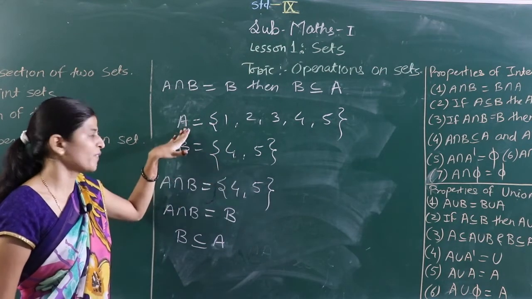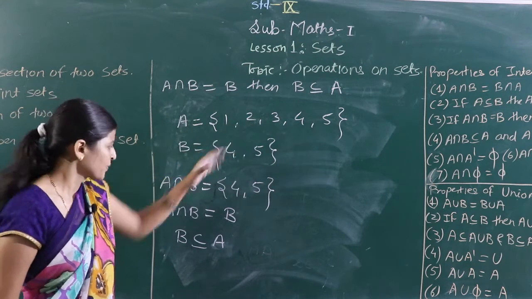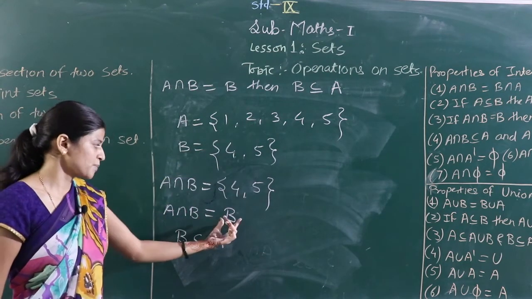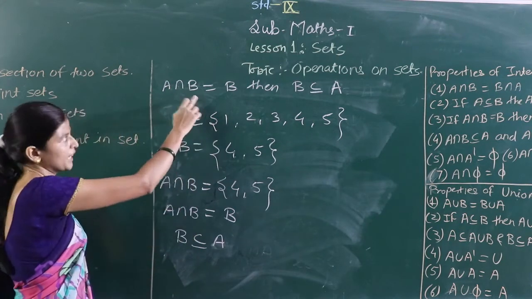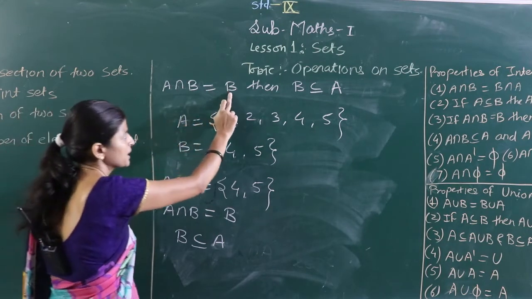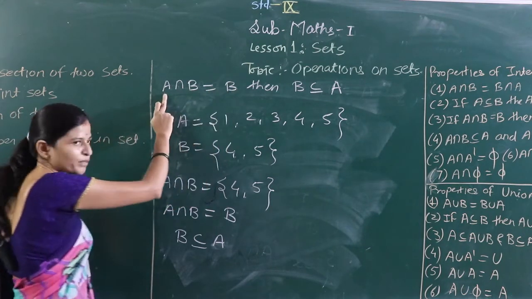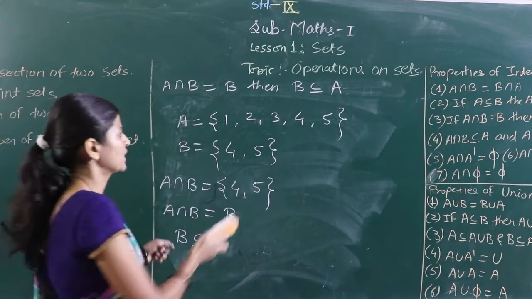If B is a subset of A, that means all the elements of B are present in set A. The intersection of these sets is B and B is a subset of A. So we prove the third property: if A intersection B, meaning the common elements, is nothing but B, then B is a subset of A. This is the third property.